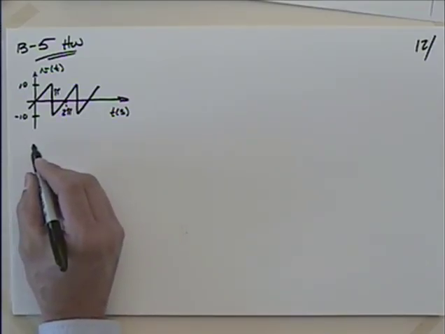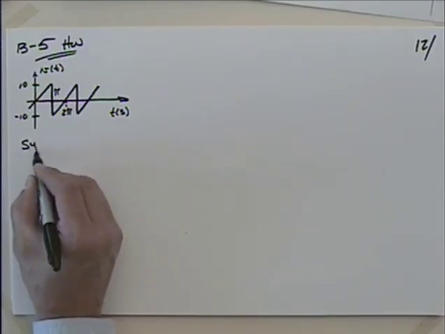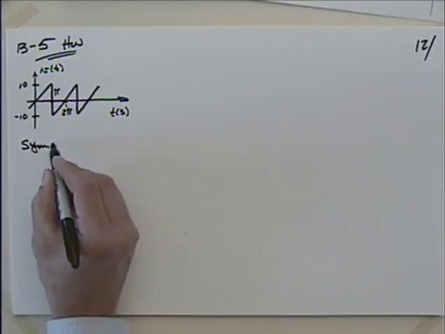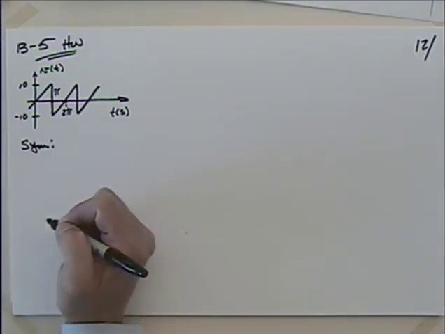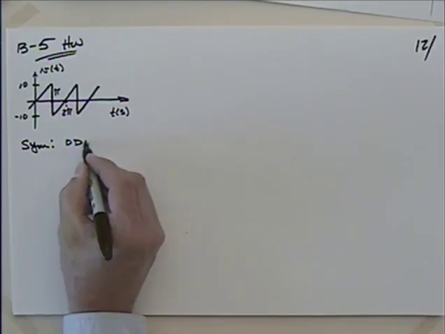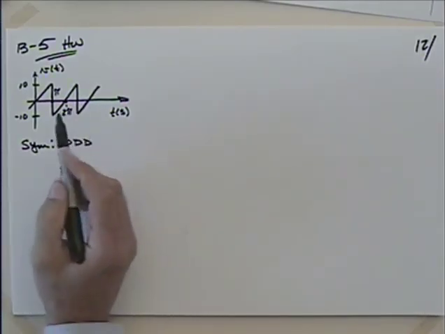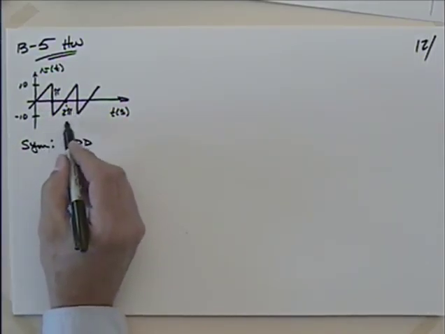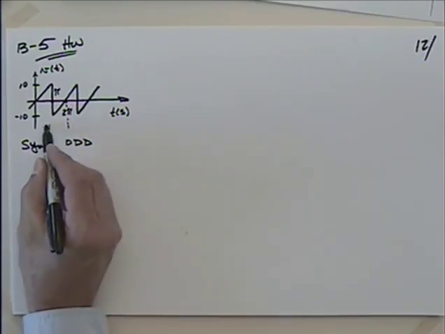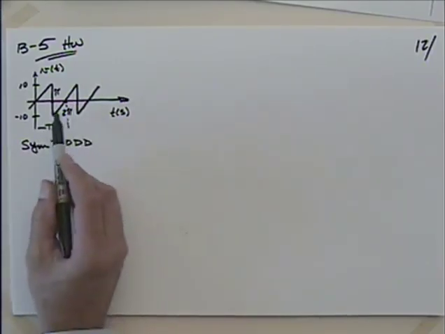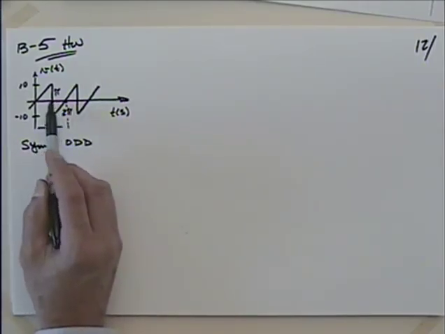So let's see. If I look at the wave, what kind of symmetry does it have? Odd. Yeah, definitely odd. Then if I take this as one period, do I have half-wave symmetry?